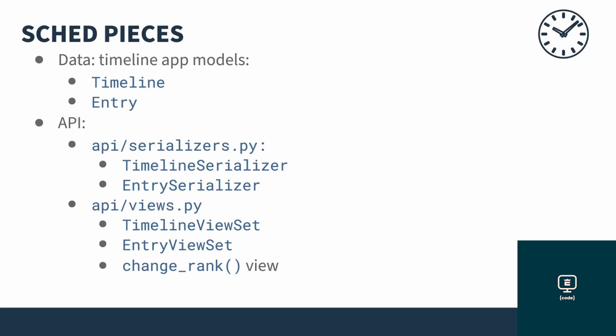Unfortunately, the DRF's update methods don't actually call an object's save, so the side effects that are done as part of ranked model's save method will not get called if you make a change to the rank through the REST API. So as a result, I've written an additional view called changeRank, which specifically calls the entry's save method to ensure that the rank reordering happens properly.